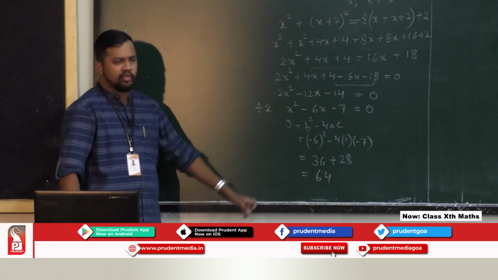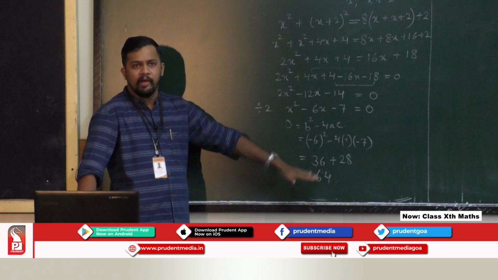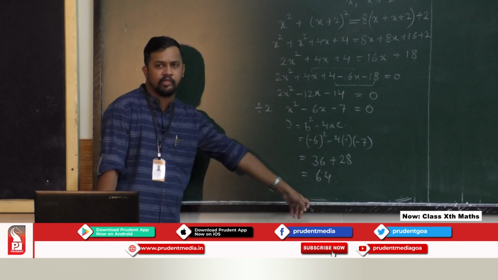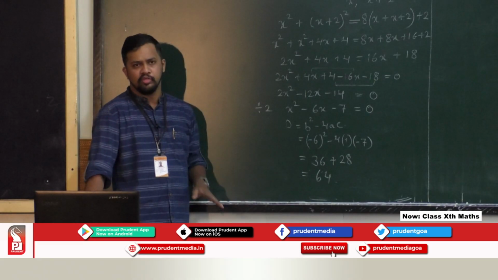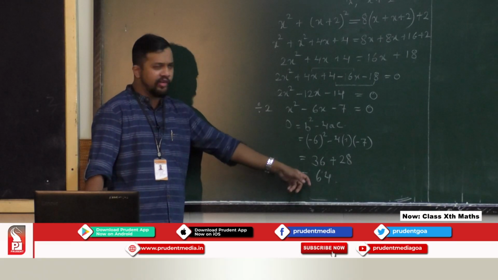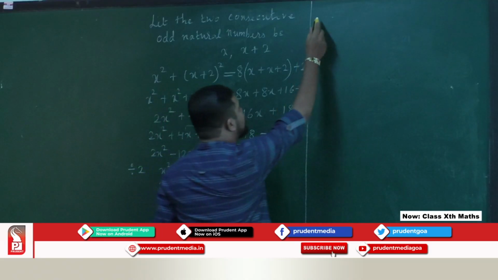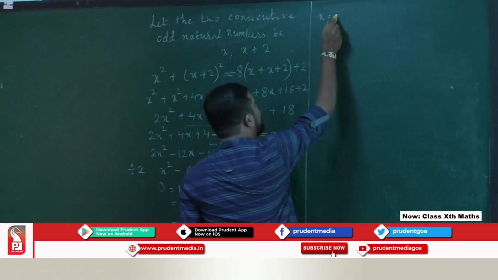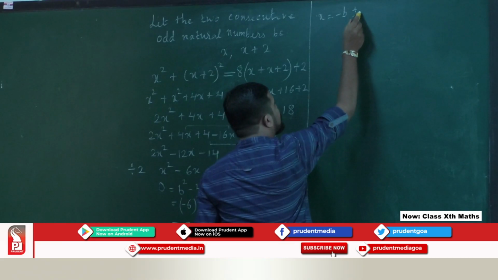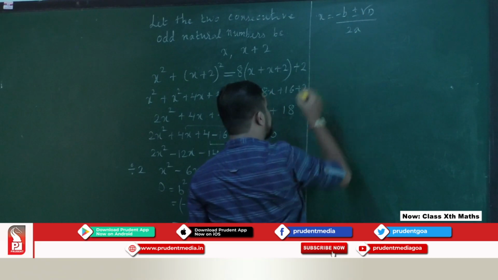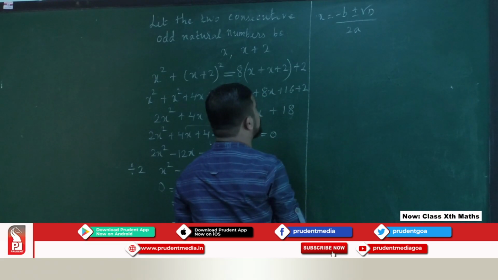From here only you can come to know if your problem is coming correct or not, because if D is not a perfect square, then there is no use going further. 64, you know, the square root of 64 is 8. So x is equal to minus b plus or minus root D by 2a.